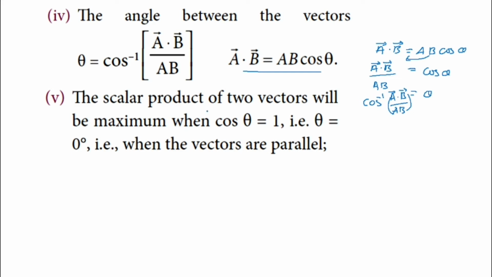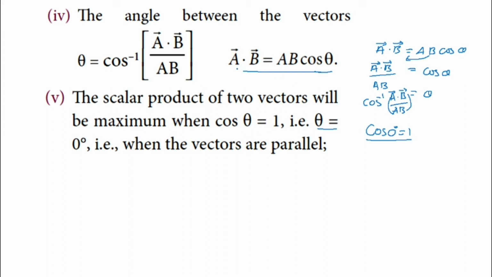The scalar product of two vectors will be maximum when we use the cosine angle. When theta is 0, the cosine has its maximum value, that is cos 0 degree is equal to 1.